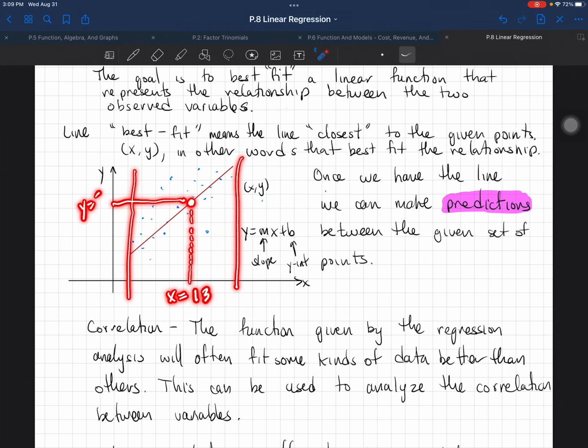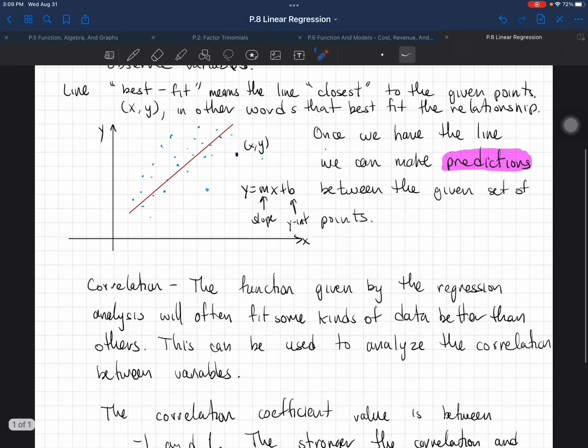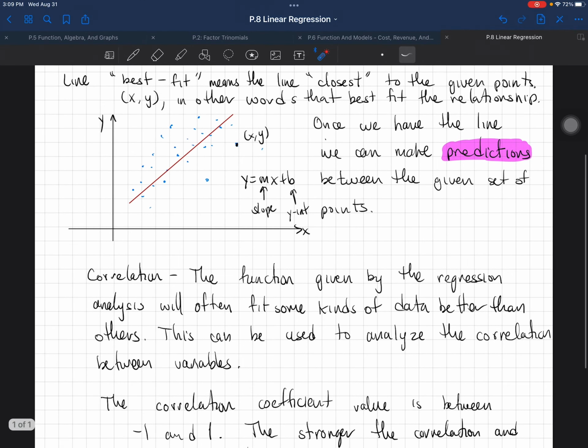We can use this line to tell us what y value this will be. If we don't know this value, we can use the line to help us predict. Of course, this is just a prediction, so predictions are not 100%, but it is the one that best gives us a prediction.